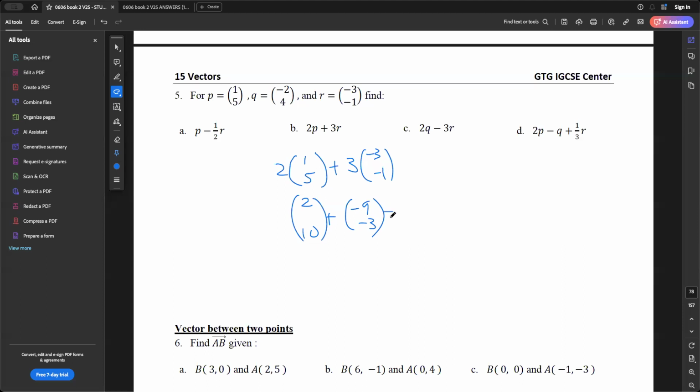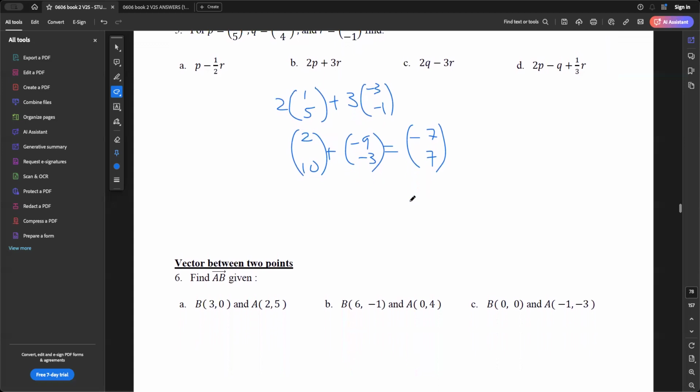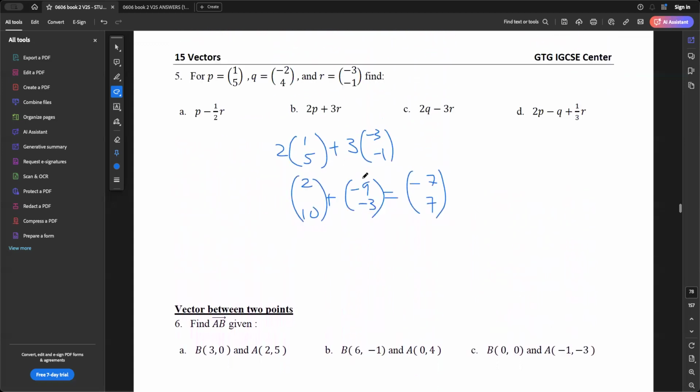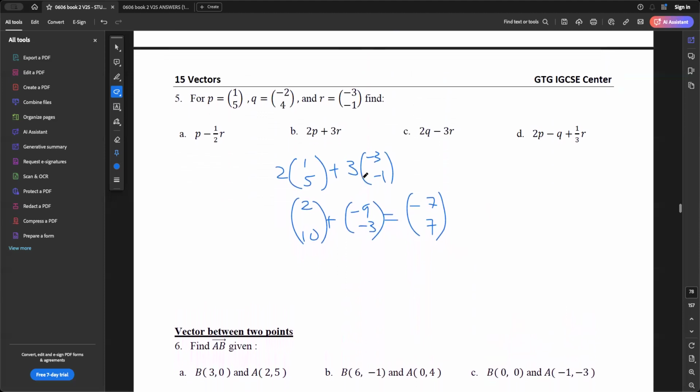Then you just solve this like normal, negative 7 and 7. Like I said, this will absolutely not come out in your AdMaths. So I'm not going to go through this in detail, but feel free to practice, guys, and I will show you the answer next week.